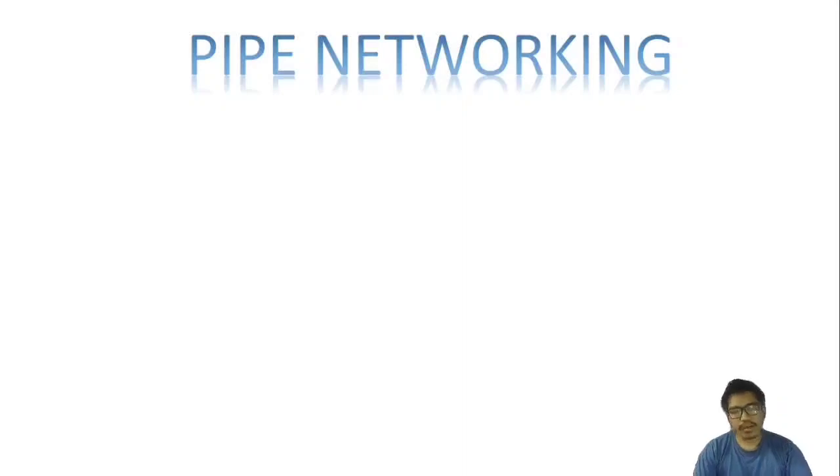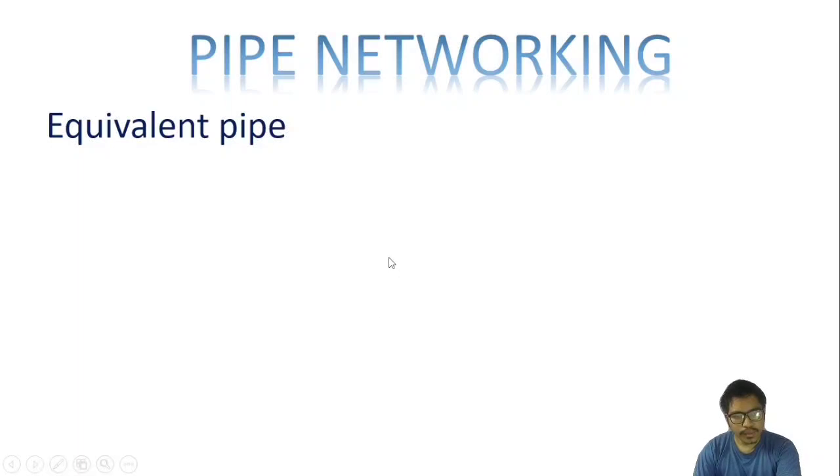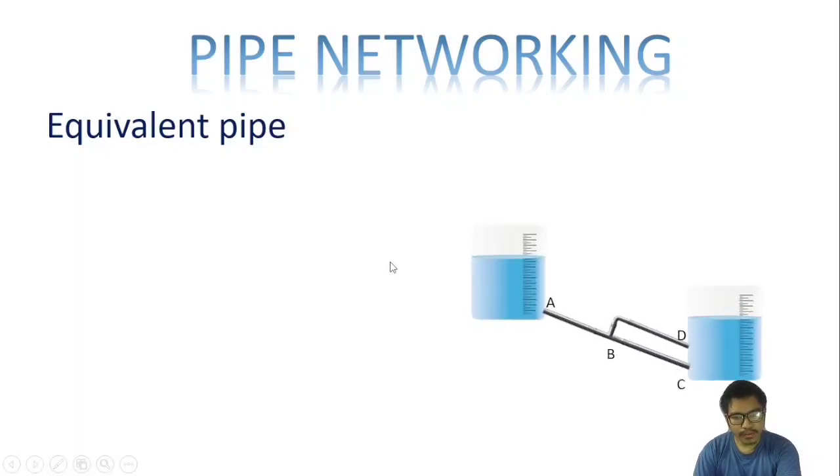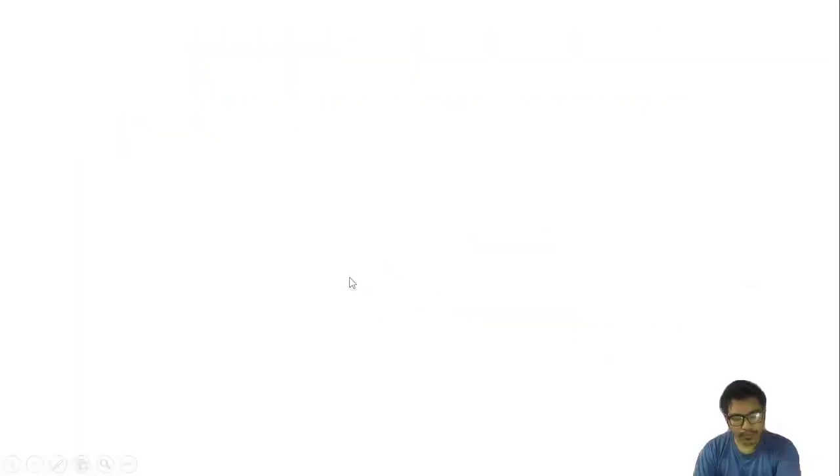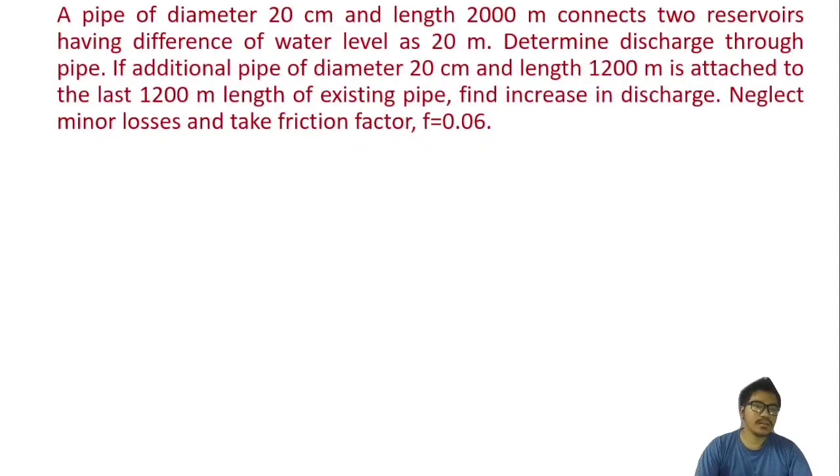In this video, I will continue pipe networking numerical, equivalent pipe. The question is: a pipe of diameter 20 cm and length 2000 meter connects two reservoirs having difference of water level as 20 meter.